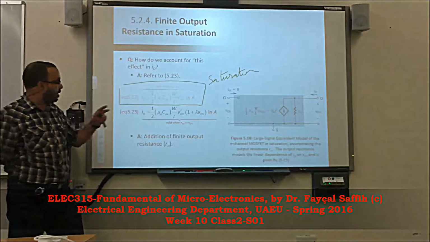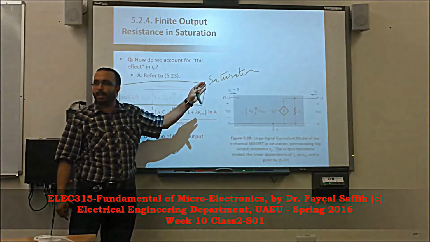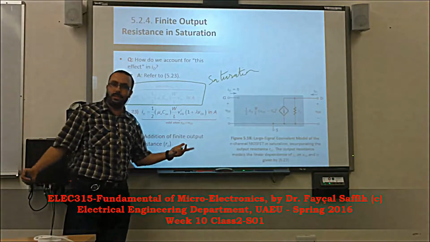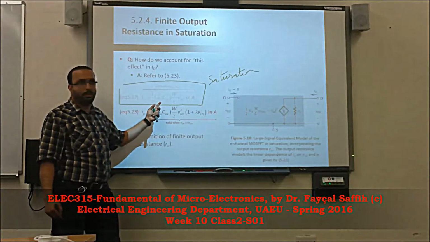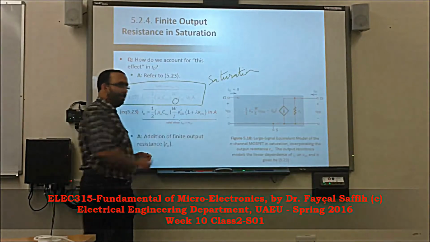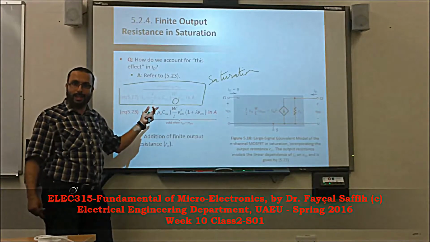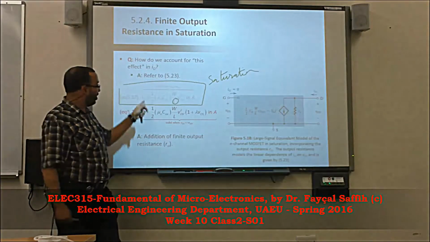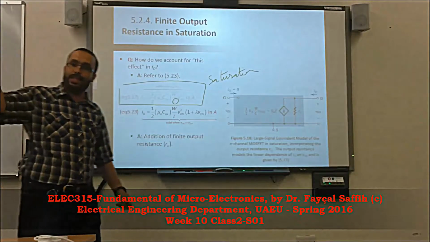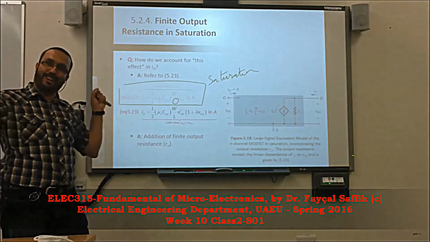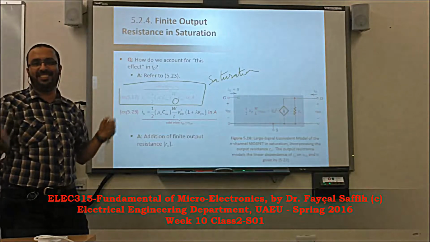But when VDS continues increasing, L decreases. Is there L in this equation? Yes, it's there. So the length has changed, so this current will change. VDS changed L, and L changed ID. So now VDS changed ID.